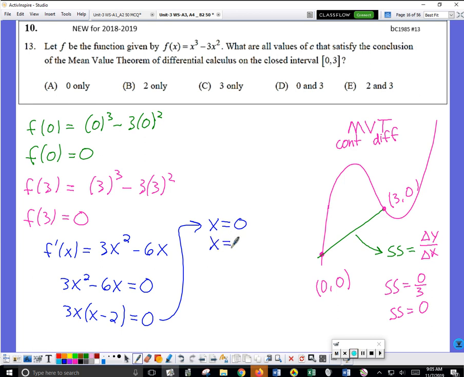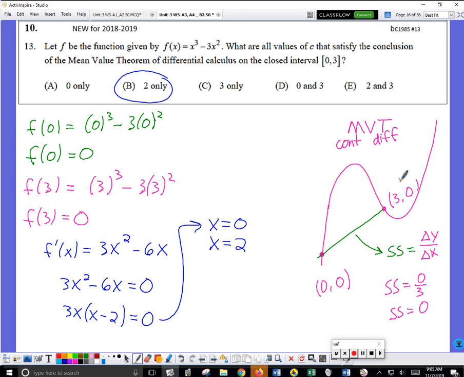The mean value theorem is never satisfied at an endpoint. It's kind of a technicality. We'll worry about that later. But that's why the correct answer is 2 only. The mean value theorem will always specify some interval, but you cannot satisfy the theorem at the endpoints. It has to be somewhere in between.